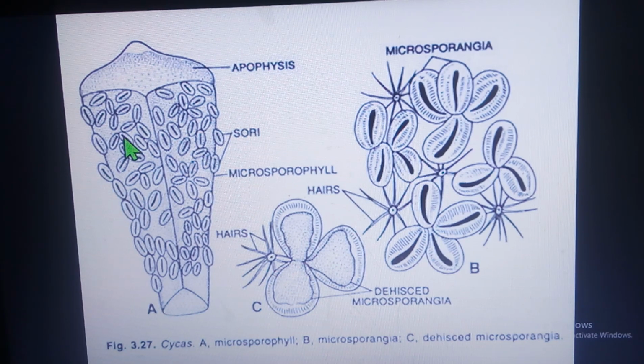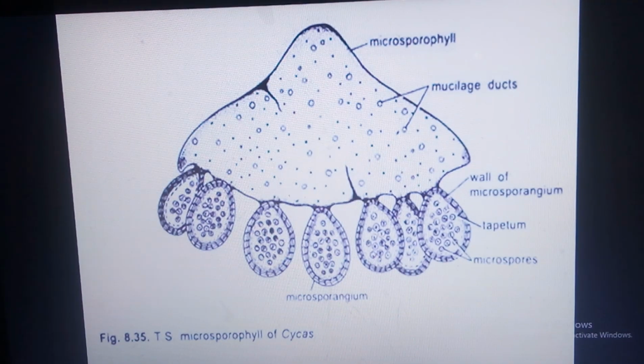Internally, if you take the TS section of this microsporophyll, what we will observe is that it consists of parenchymatous ground tissue in which a large number of mucilage ducts are scattered, and the vascular bundles are arranged in rows.